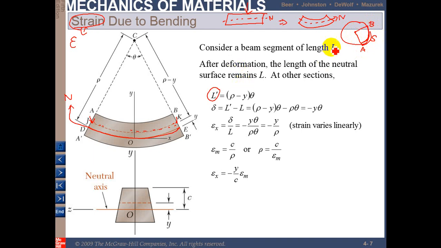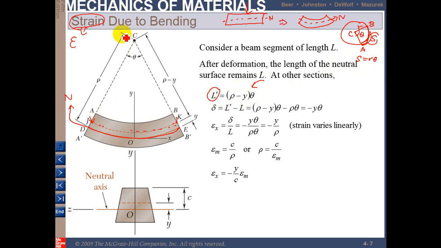So this is the center, you have theta, and then you have the radius. So S is equal to R times theta. Similarly, the length L prime can be calculated using rho minus y times theta.